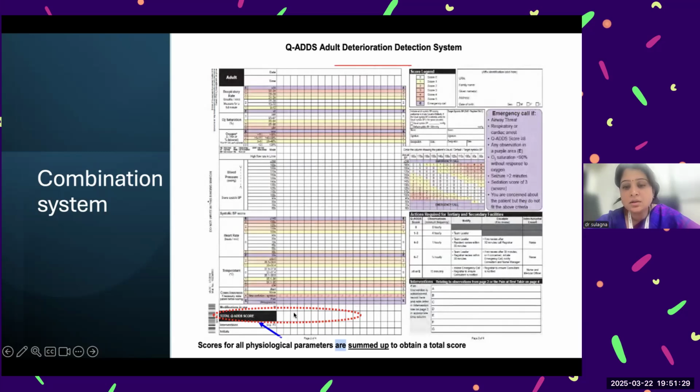So this is a fail-safe mechanism, so that if the total score is not calculated properly, or if it is not available because of non-availability of one or more of the physiological parameters, then one can directly use this and go for immediate medical intervention.